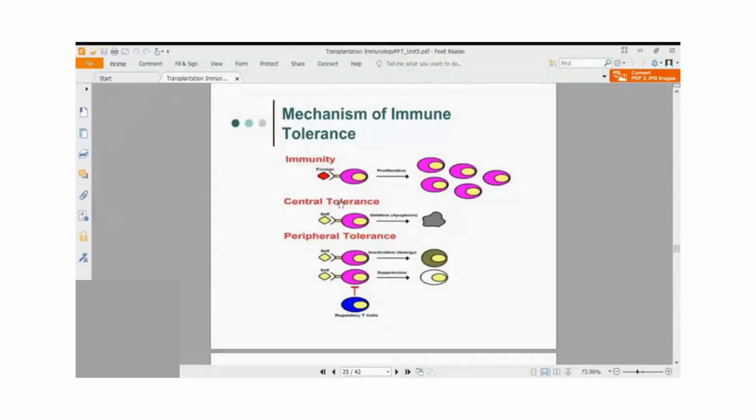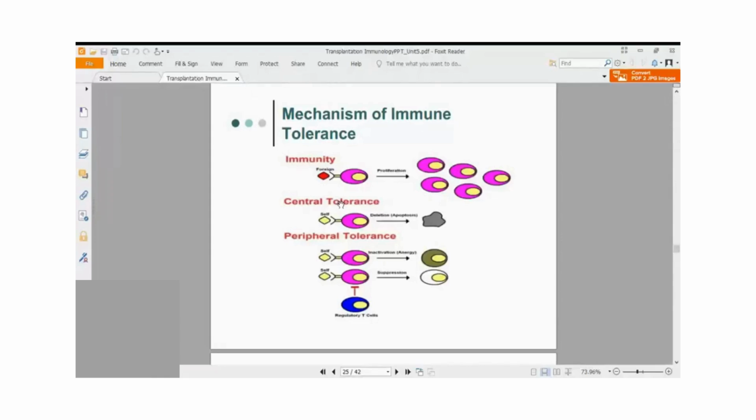As far as B cells are concerned, it is negative selection. B cell maturation takes place in the bone marrow, whereas T cell maturation takes place in the thymus.